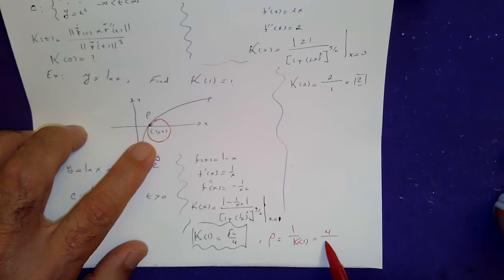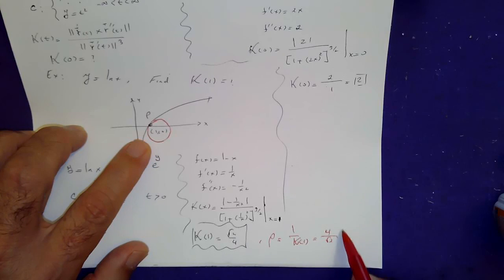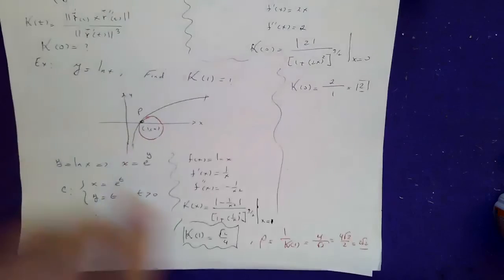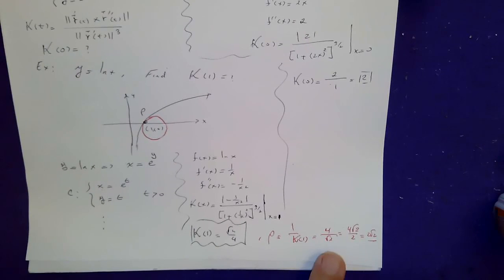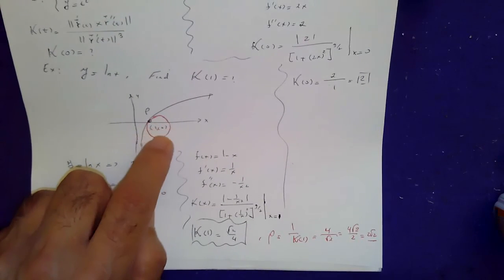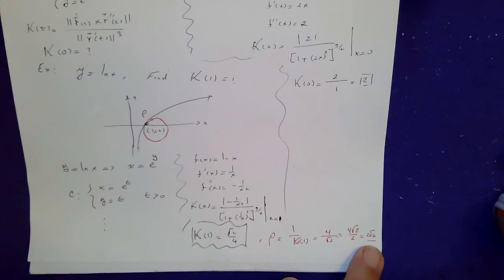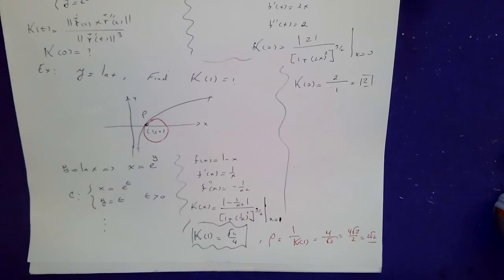So that would be 4 over square root of 2, which is the same as 4 square root of 2 over 2, which is 2 square root of 2. So the bend is as much as if you had a circle here whose radius is 2 square root of 2. Thank you.